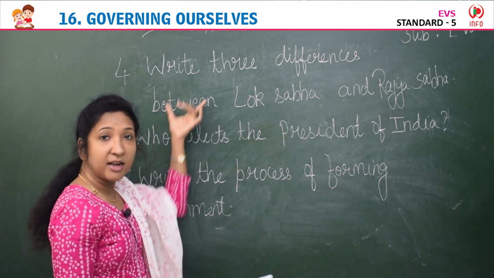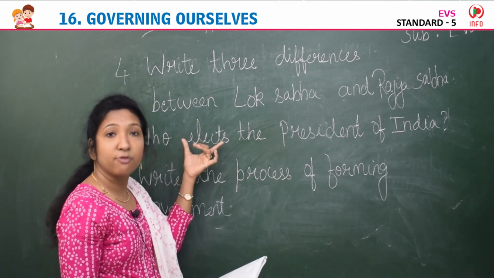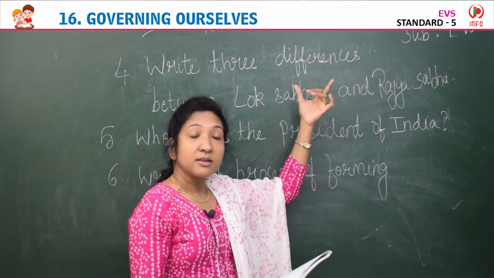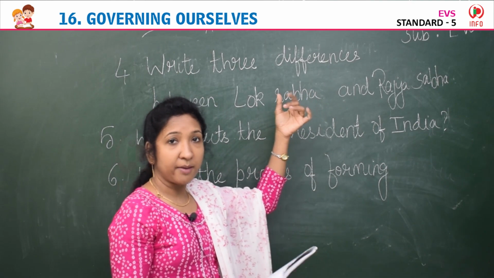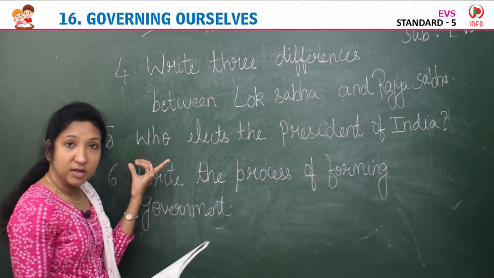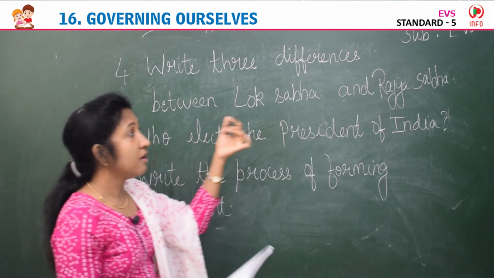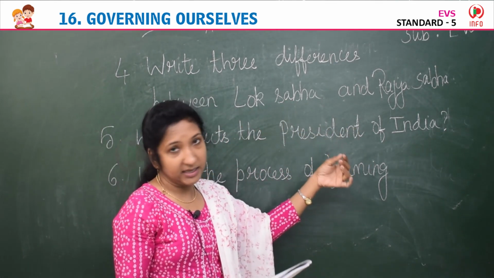First difference, under Lok Sabha, strength is 552. Under Rajya Sabha, first point, strength is not more than 250. Second point, under Lok Sabha, elected directly. Under Rajya Sabha, second point, elected indirectly.